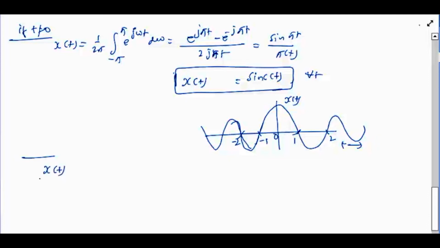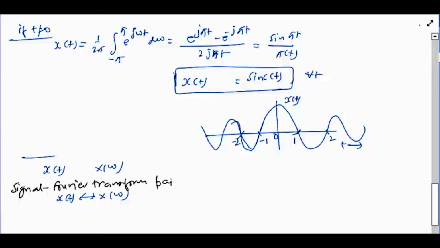If xt and capital X omega are signal Fourier transform pair, that is X omega is Fourier transform of xt and xt is inverse Fourier transform of X omega, we will denote it as follows. This is a signal Fourier transform pair, or sometimes also called Fourier transform inverse transform pair.